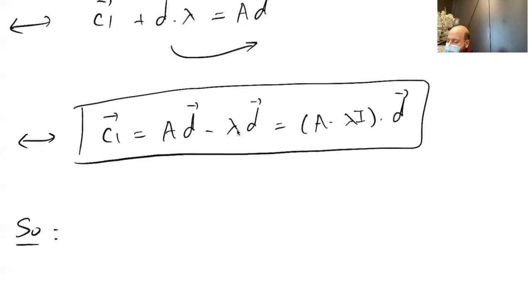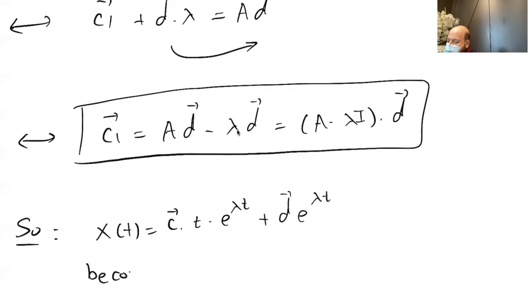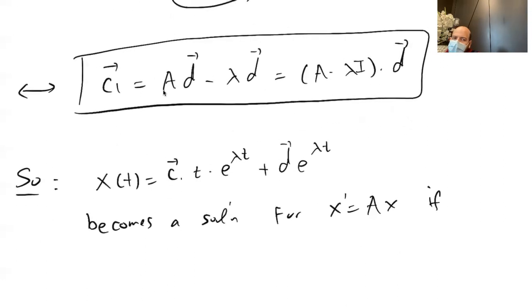So what can we say? We can say that x of t equals C1 t e to power lambda t plus d e to power lambda t becomes a solution for x prime equals Ax if this vector d is chosen in a way that C1 is equal to A minus lambda I times d. If you choose d in a way that A minus lambda I times d equals C1, remember you have A, you have lambda, you have C1, you want to find d.